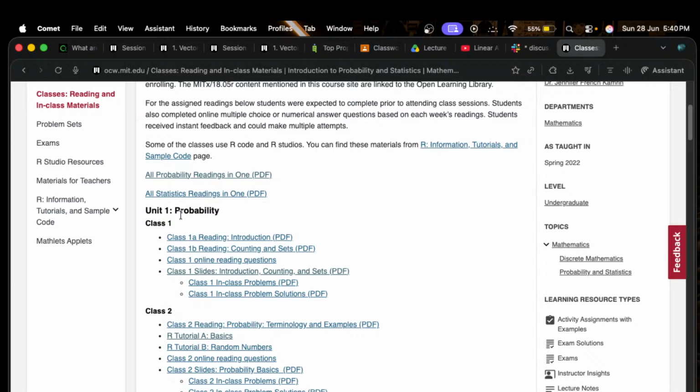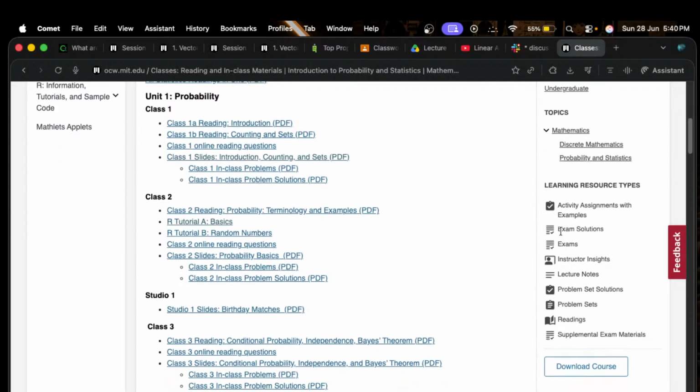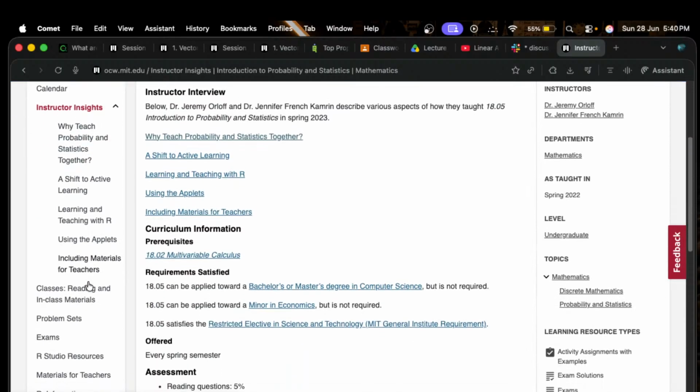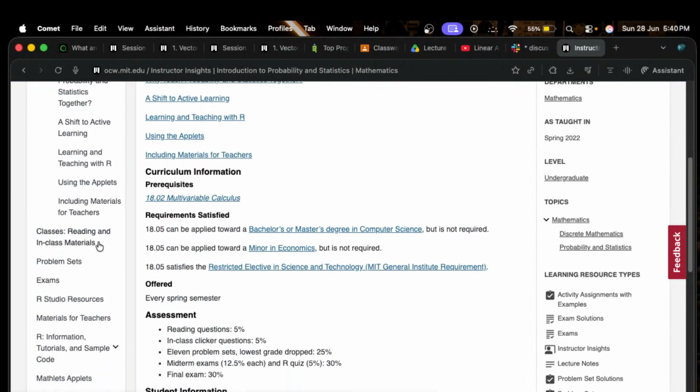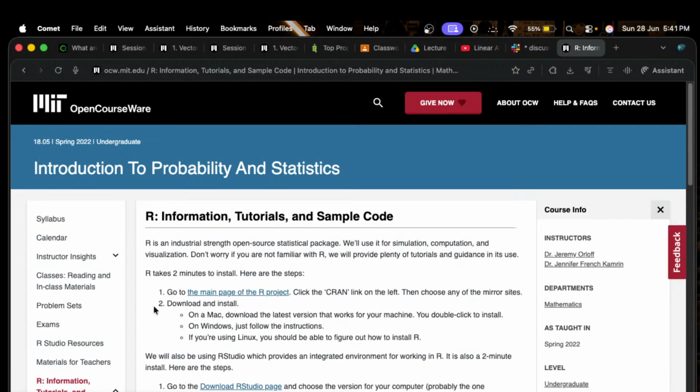That would not be good if they don't have video lectures, because video lectures are important. I can see lecture notes, but I really can't see lectures here. So where actually are the lectures? Do we have lectures of this?